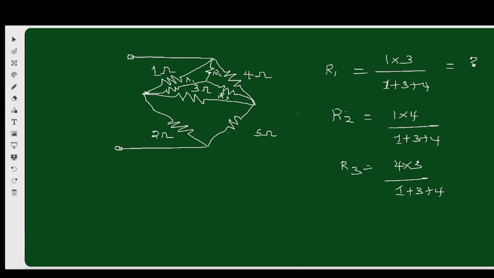So this will give us 3 over 8. This will give us 4 over 8, that is 1 over 2. And this will give us 12 over 8, which is 3 over 2 ohms.